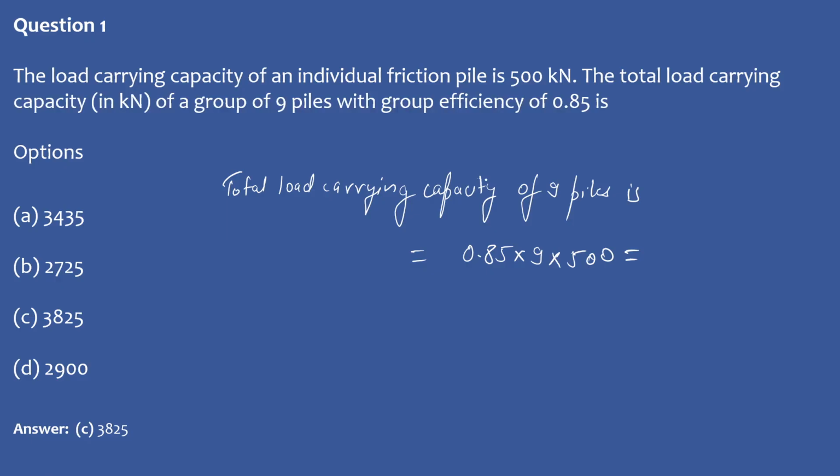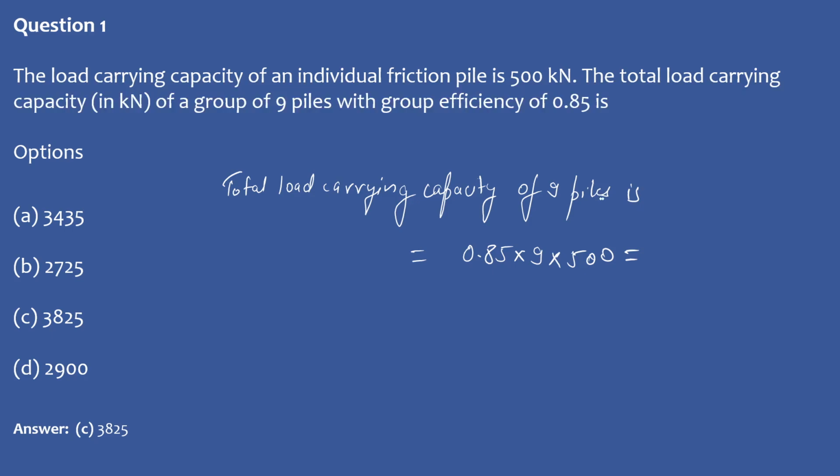The pile group efficiency is 0.85, and it has been asked for the total load carrying capacity of a group of 9 piles. So in that case, the efficiency is 85% and the individual friction pile is 500 kilonewton.